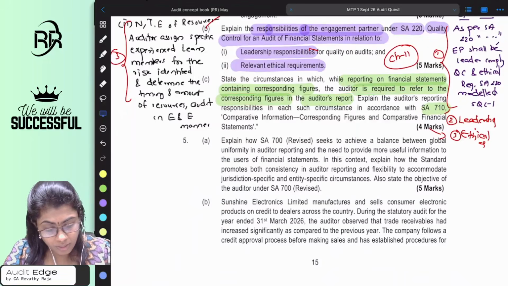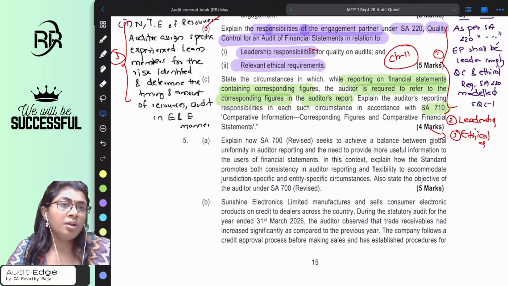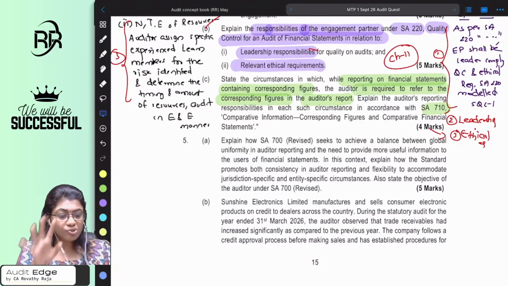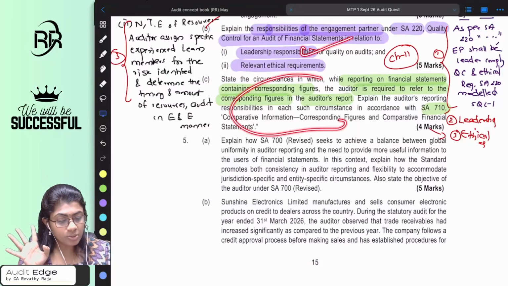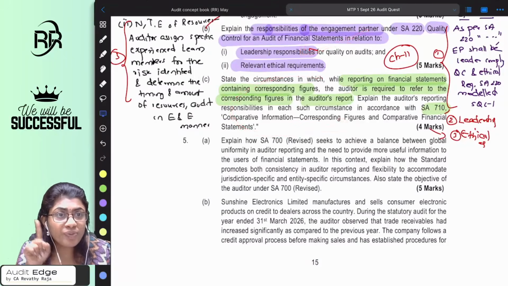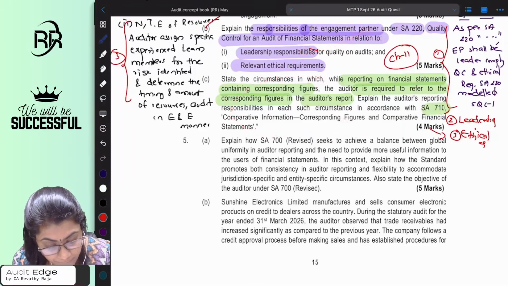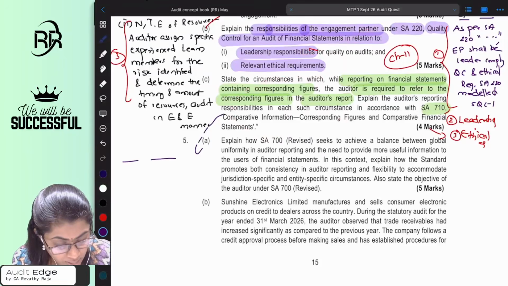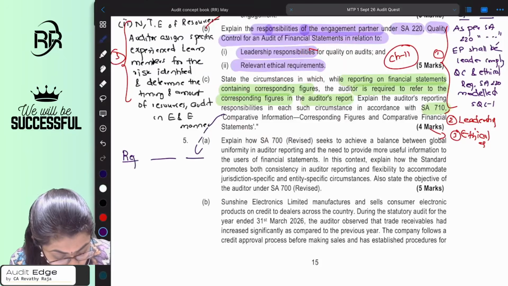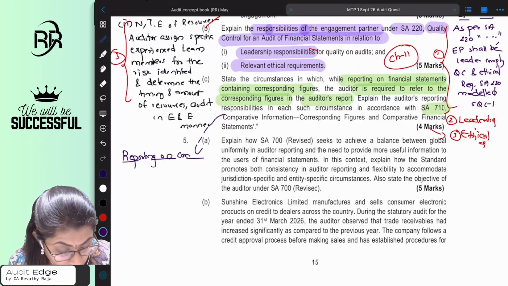Now, this is also a direct question. So, like the last question, this also I will show you. Before that, I'll say the presentation. Here also put a heading: reporting on corresponding figures.